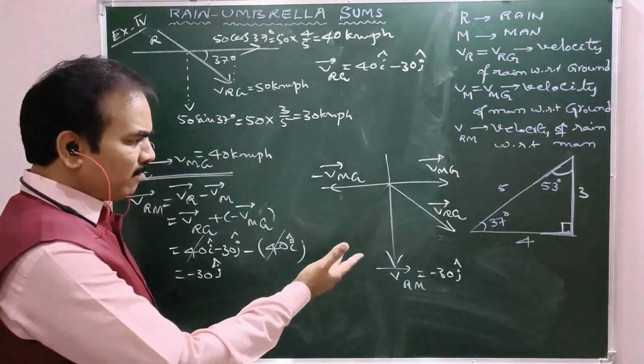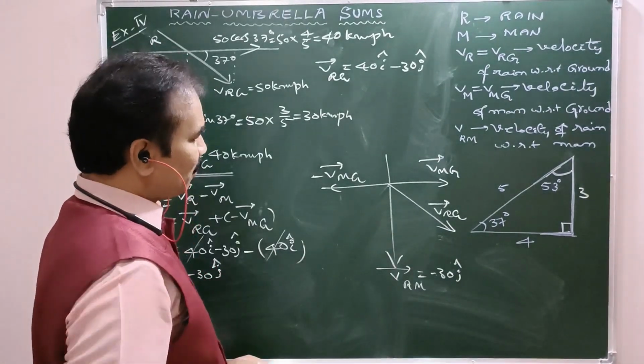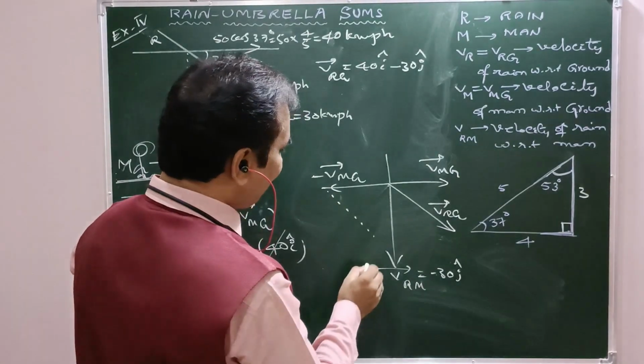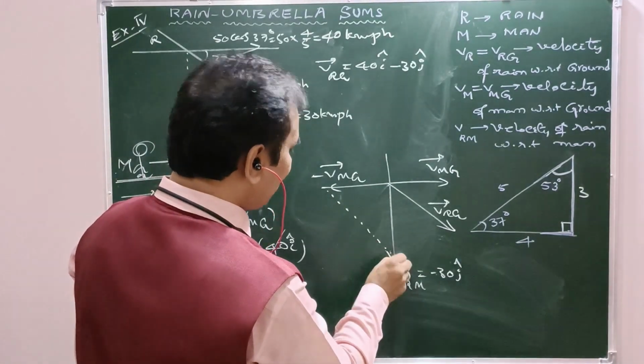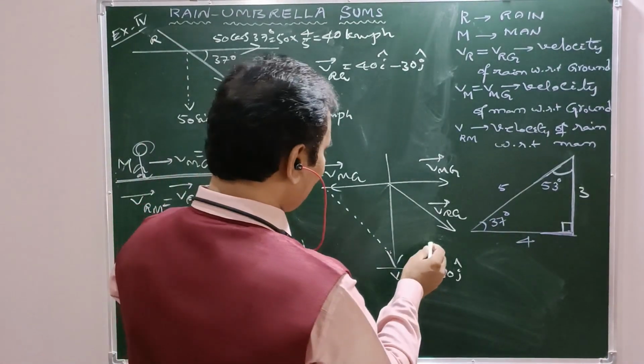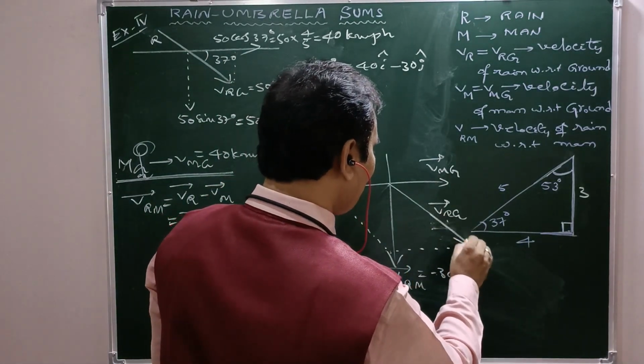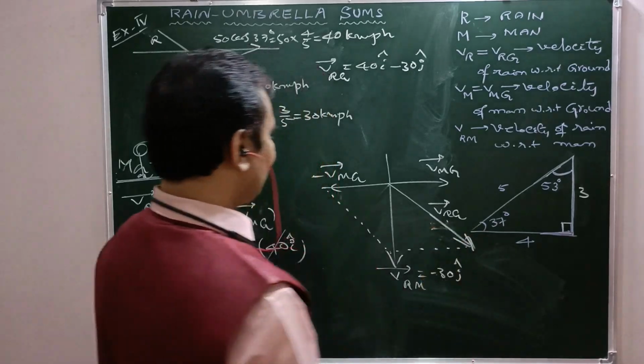Now form a line parallel to this side, like that. This is VRG.